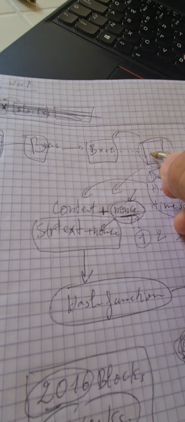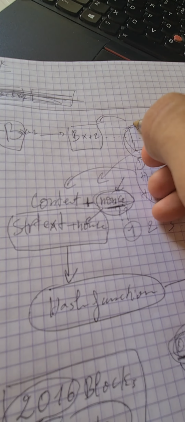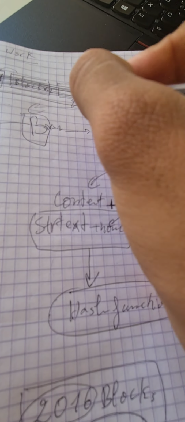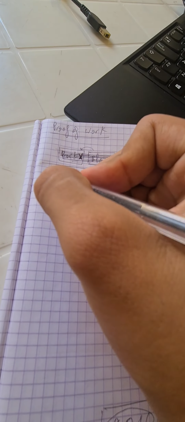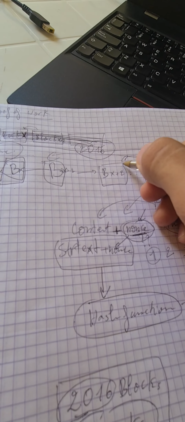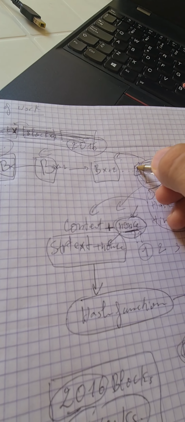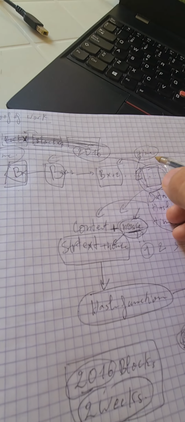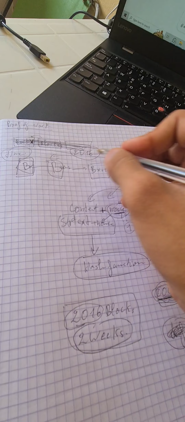We go to the previous blocks before this one, and we go back 2016 blocks, and we check the time when the last block was mined. Then we check the time of the block 2016 blocks earlier, and calculate the time between them.